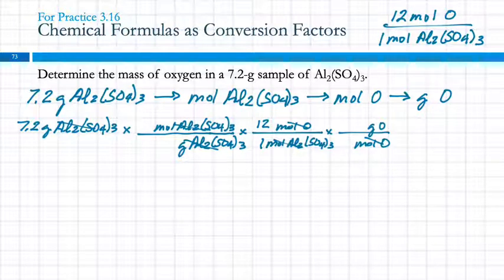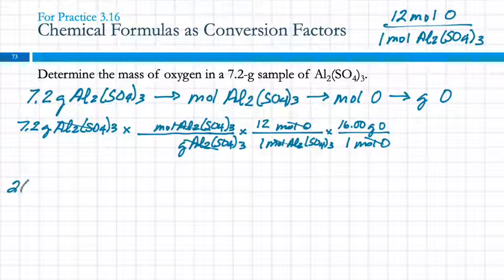The oxygen's easier, so I'm going to do that one first. What's the mass of 1 mole of oxygen? 16. We don't have to worry about it being diatomic because it's not by itself. It's with these other elements, so it's not paired up. It's just oxygen, 16.